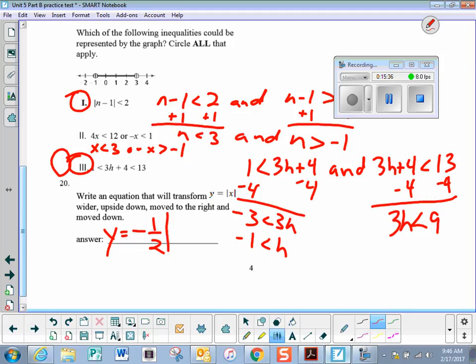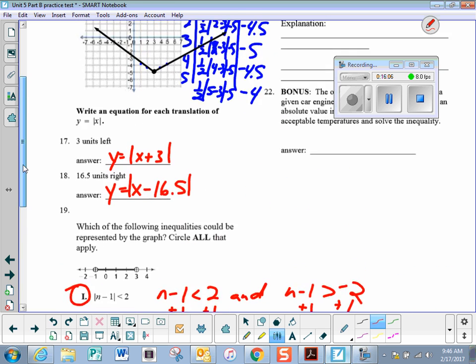And if you want to move it to the right, it has to be minus something. And if you want to move it down, minus on the outside. You could have put any number here as long as it was minus. This had to be minus, and this had to be less than 1. That's all. So there's an infinite number of right answers, but that's what I was looking for there.